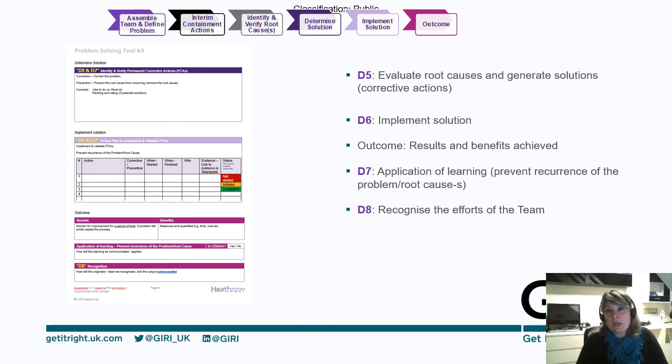The other thing that is good to do, when you implement a permanent corrective action, is to remove the containment action that you put in place at the very beginning. So if you had an inspection going on, and you have done something that now prevents the problem, there's no need to keep the inspection going.